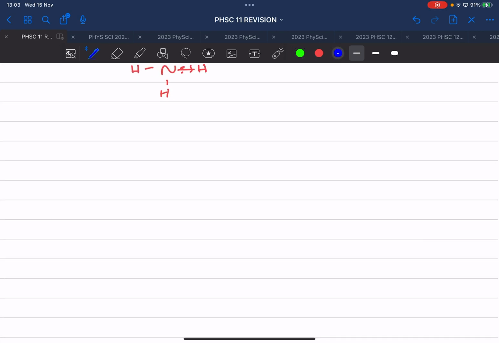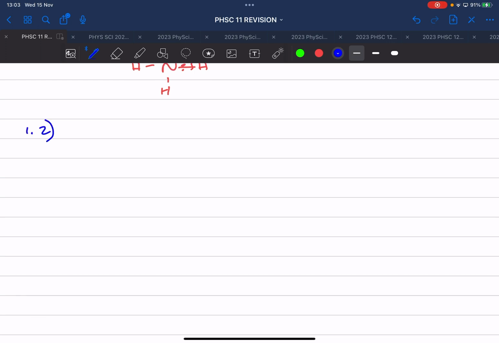Okay, question 1.2 says the intermolecular forces between ammonia molecules in a liquid phase can be classified as what? Alright, so here you must know your forces. We have London forces, we have dipole-dipole, we have hydrogen bonding, and we have ion-dipole. London forces you find between symmetrical molecules, very weak.